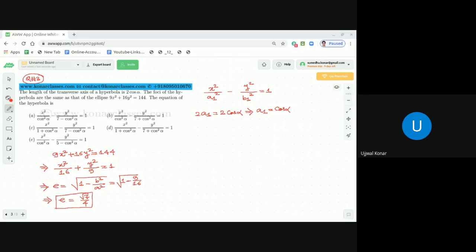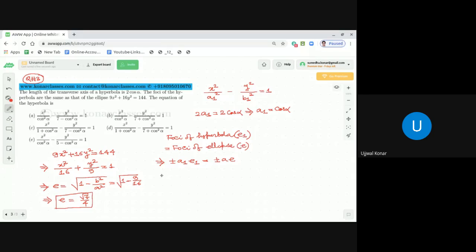So, dear students, the foci of the hyperbola, if we assume the eccentricity as e1, is equal to the foci of the ellipse. The foci of the hyperbola are nothing but ±a1e1, and that is equal to ±ae. The plus minus can be cancelled.